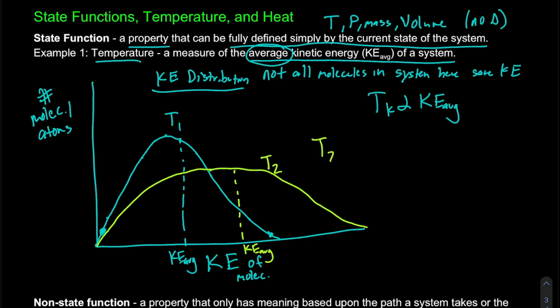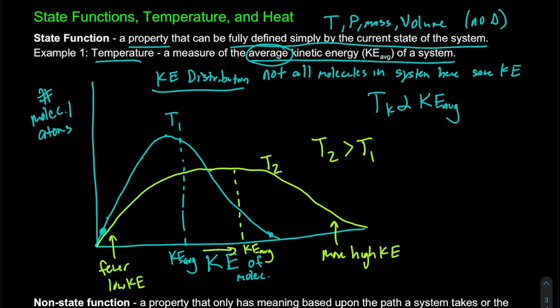We'll notice here that T2 is a higher temperature than T1, which would make sense because our average kinetic energy is higher. Now what we notice is that we have more high kinetic energy molecules, and we have fewer low kinetic energy molecules. Again, this is comparing the higher temperature to the lower temperature.